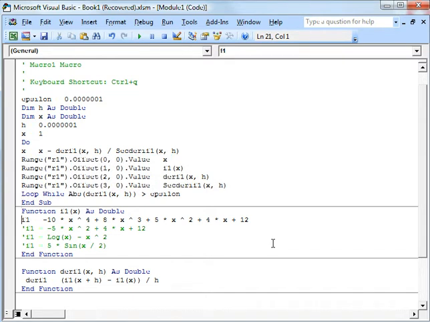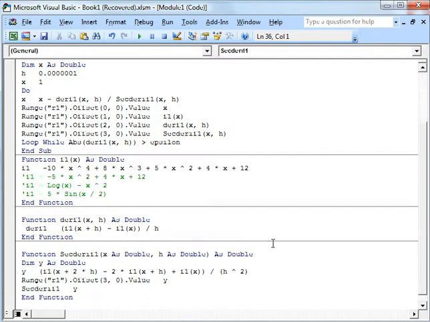And the beauty of computing the numerical derivative in this way is that I don't need to change my program a lot to use different functions, because in this area here with the function f1 of x, I can just decide which function I want to maximize and change that function, and the rest of the program does not need to be changed because the derivatives are not analytical but numerical.